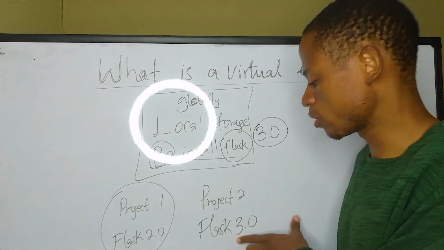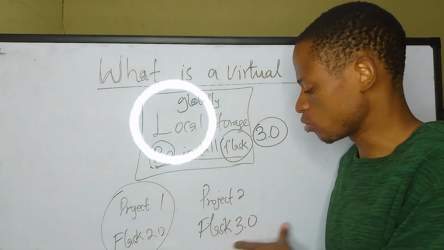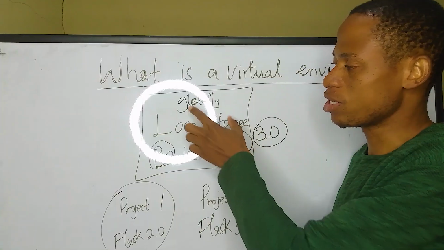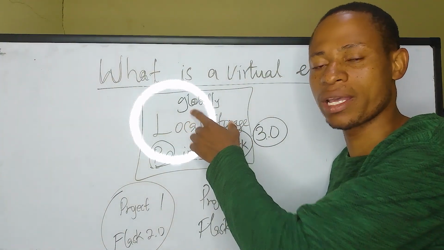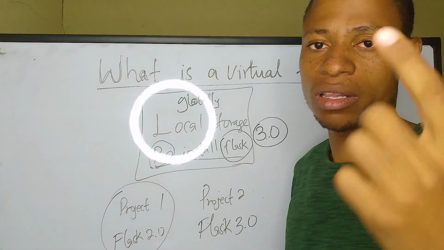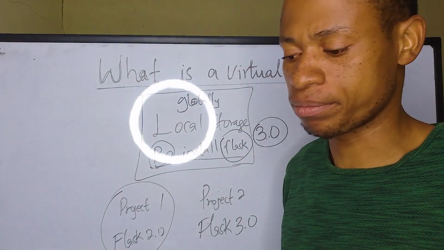It will be possible for project 2 to use Flask 3.0 because it is what has been installed globally. Now, to solve this challenge, that's where a virtual environment comes in.